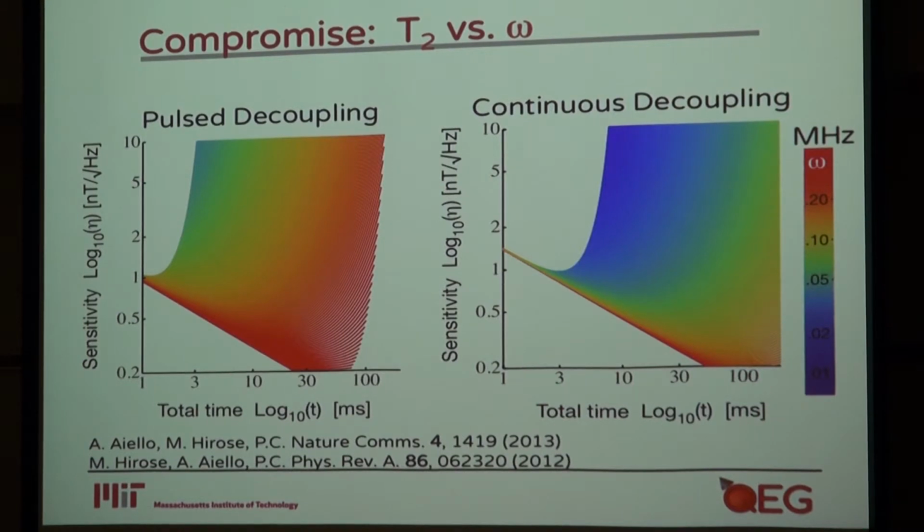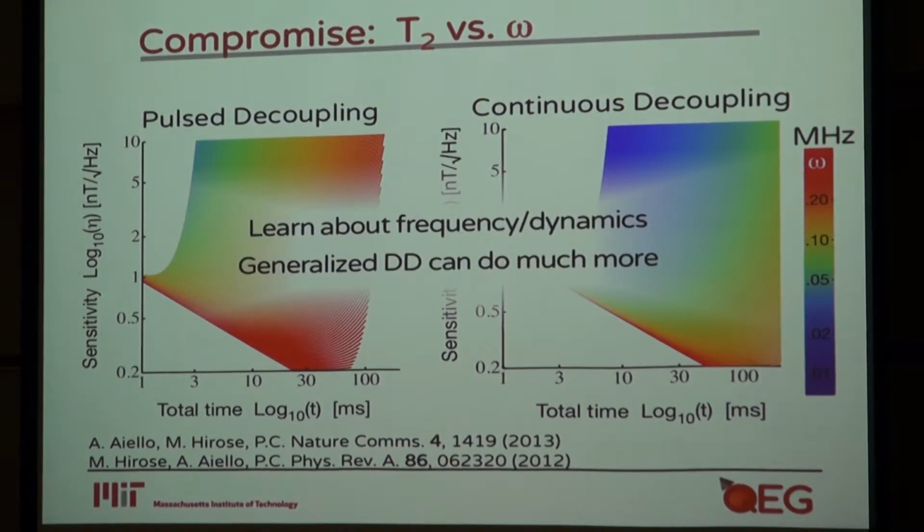And we can use not only pulse decoupling, but also some other type of control. But the idea is always the same. What we are doing is learning not only about the signal strength, but also about its dynamics, its frequency. And so it becomes very interesting to be able to generate these filters because they tell us some extra information.